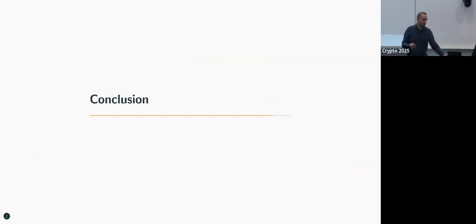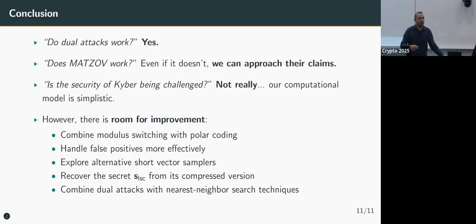So to conclude this presentation, I will answer some questions around dual lattice attacks. First, we answered the question asked by Ducas and Pulles at Crypto 2023, which was, do dual lattice attacks even work? And our answer to this question is actually yes. In particular, does MATZOV work?